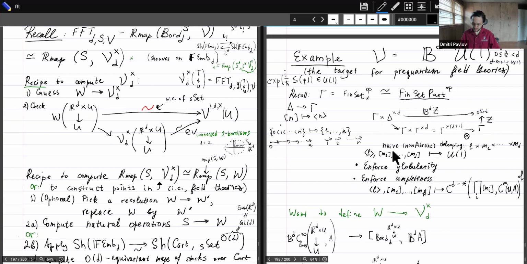And this construction, being basically a left-adjoint functor, doesn't produce a fibrant or local object, so you would have to manually enforce globularity and completeness.